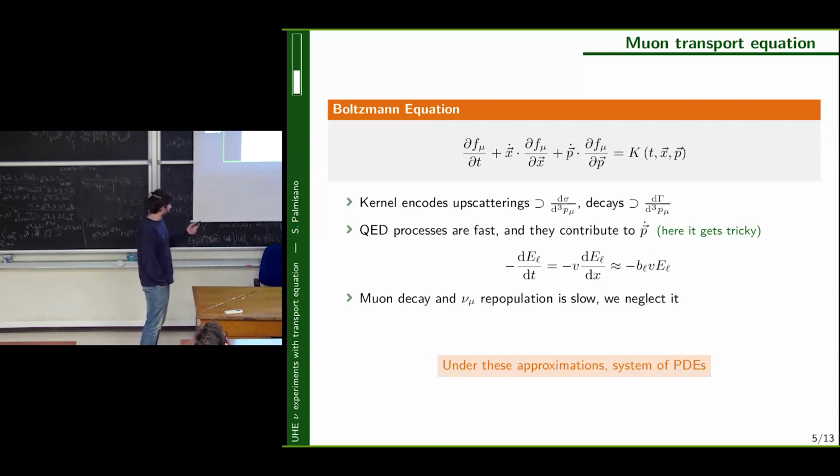If one then neglects processes that act on longer timescales, such as muon decay or the repopulation of neutrinos, one gets this system.